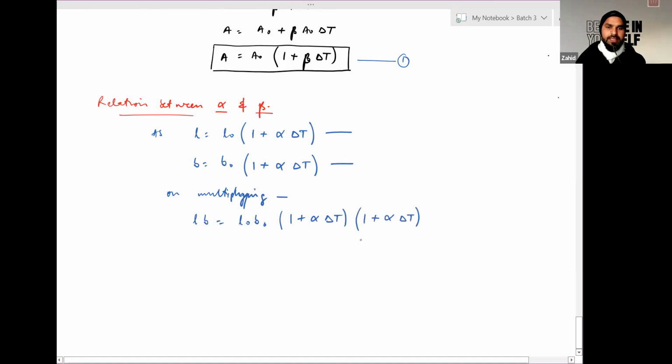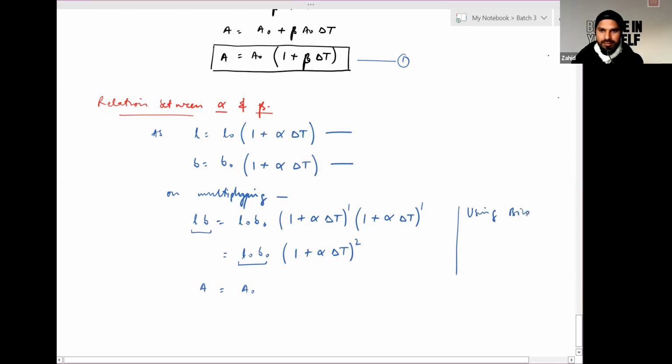Since these two brackets are the same, each having exponent 1, we may write it as L naught B naught times 1 plus alpha delta t raised to 2. Now this product L into B and this product L naught B naught are nothing but area. So it will be the final area and the initial area A naught. According to binomial expansion, we can write, using the binomial theorem.